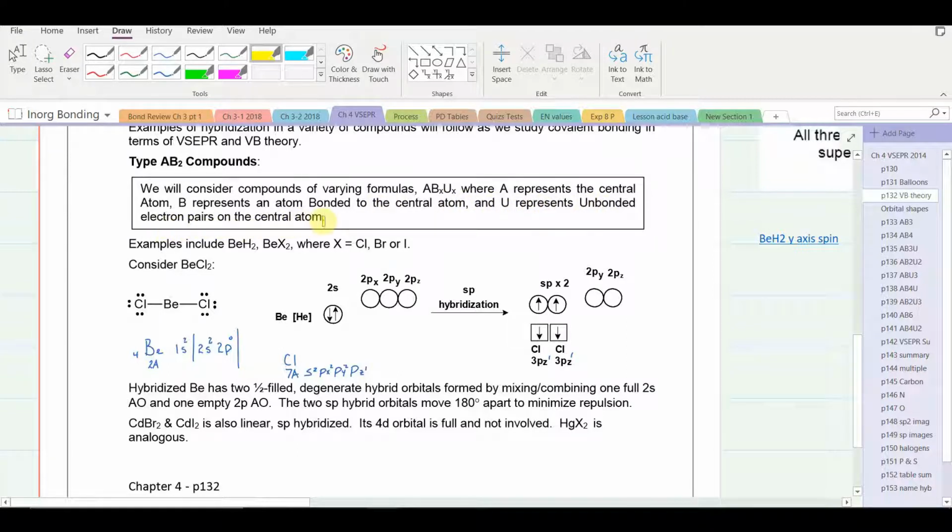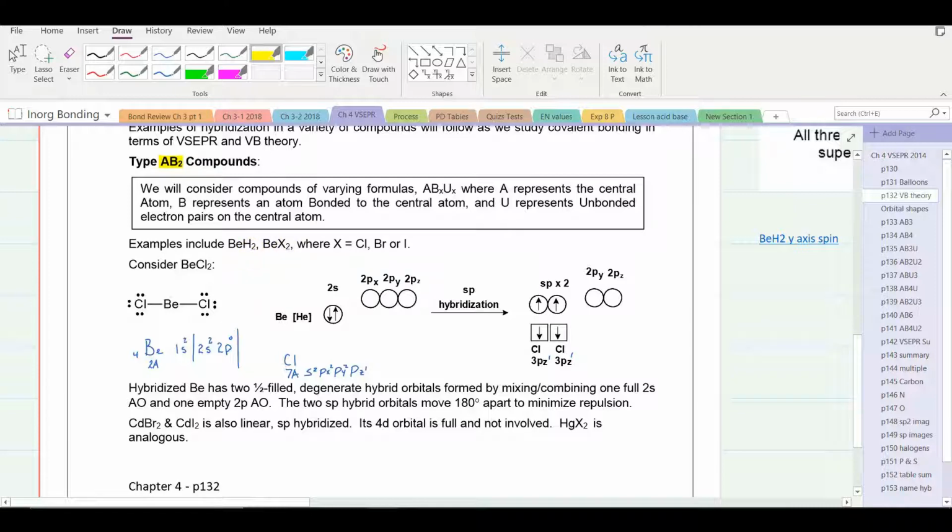So we'll start with a compound of the type AB2, such as beryllium hydride or beryllium halide. A represents the beryllium central atom, and then B2 represents two bonded atoms, in this case hydrogen or halogens.